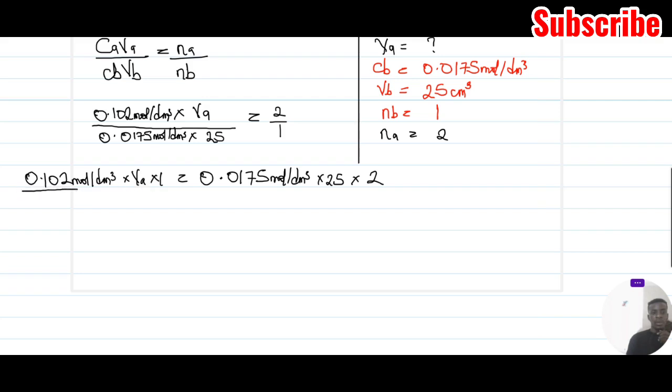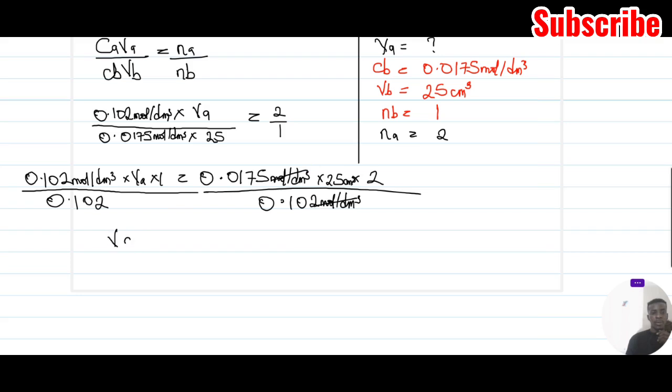Okay, since we are looking for Va, we divide both sides by the coefficient of Va, which is 0.102. So divide both sides by 0.102 mole per dm cube. All right, take note, this volume is in cm cube here, so mole per dm cube, we cancel this out.